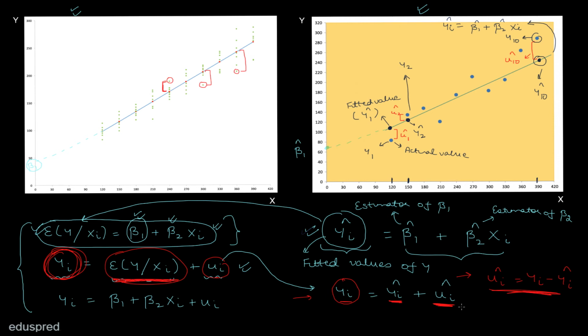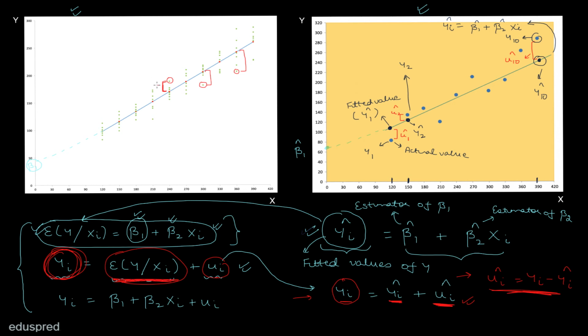Now see, this ui hat that I have introduced on the right hand side, you can just think of as the sample counterpart of the population error. And when we were discussing the population error, I told you that population error can take positive as well as negative values. If the dot of the particular household that we are talking about is above the conditional mean, or in other words, if the household is lying above the population regression line, then the error of that household is going to be positive.